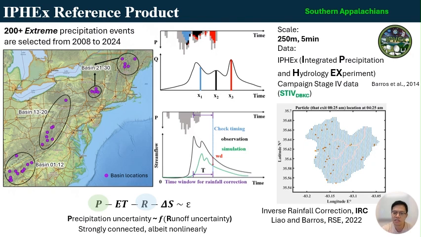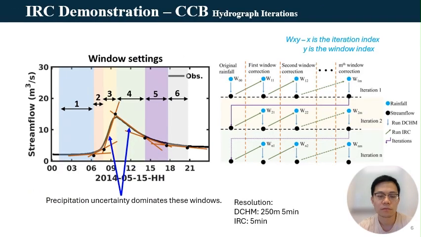This is a movie showing the backtracking of water difference from the hydrograph to the precipitation fields. This technique is called inverse rainfall correction, which was published in 2022.